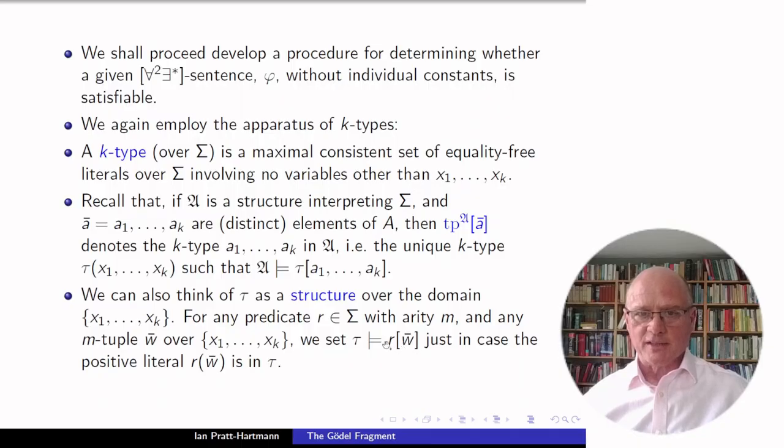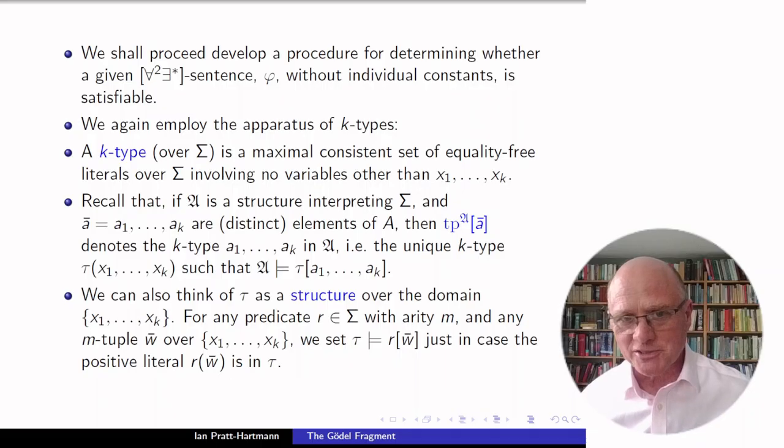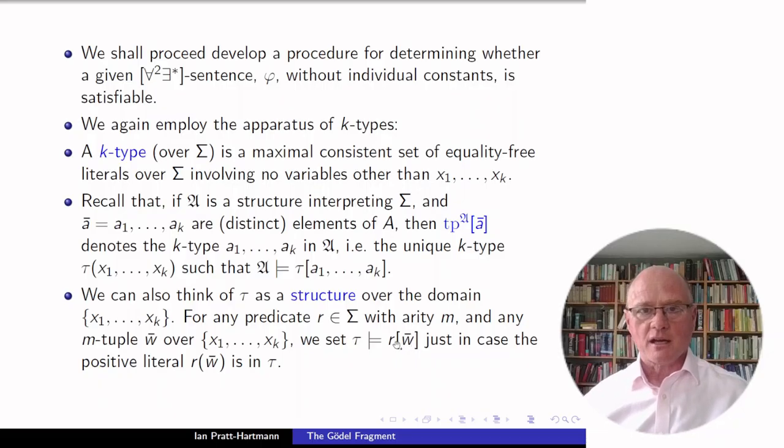W bar satisfies R just in case the type contains the positive literal R of W. You see, a type is a set of literals, so it either contains this positive literal or it doesn't, in which case it would contain its negation. And if it does, we'll say that the relevant tuple of objects, because we're now thinking of variables as objects, satisfies the predicate R. So that's our notion of a type, and we think of types as structures.